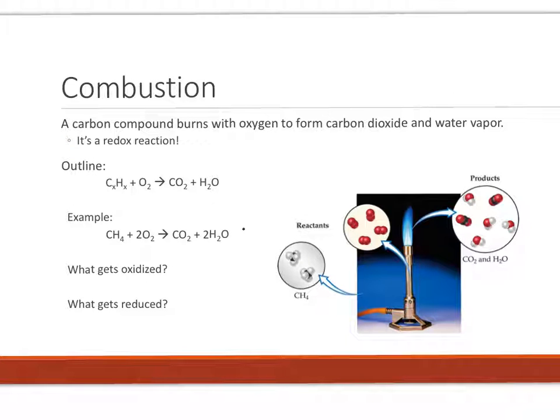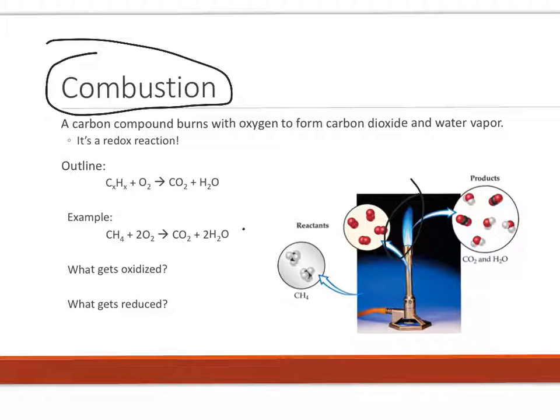All right folks, so we are to our last type of reaction, which is combustion. Combustion is exactly what it sounds like. It involves flames and fire and all that kind of stuff. This is a redox reaction. So, here's our outline: you have a carbon compound burning with oxygen, and the products are generally CO2 and water.